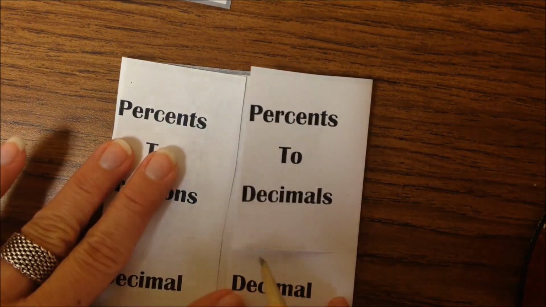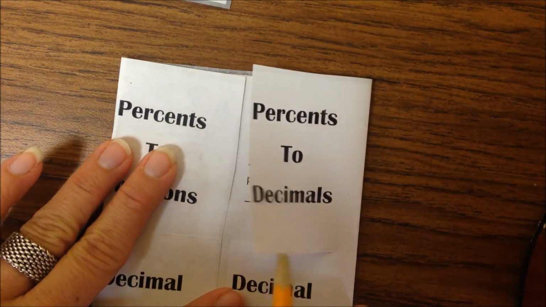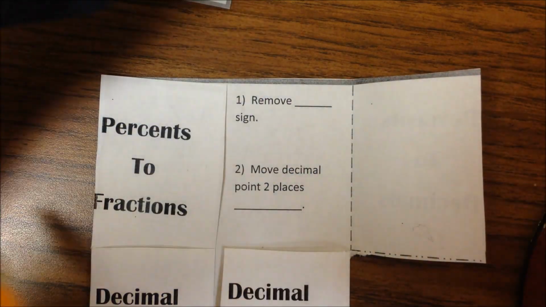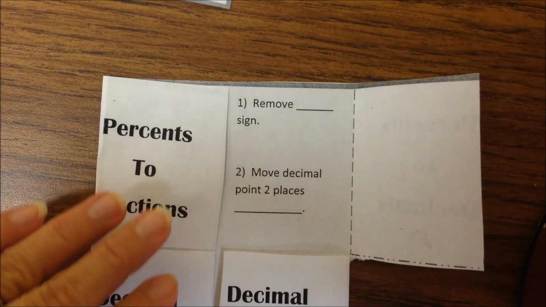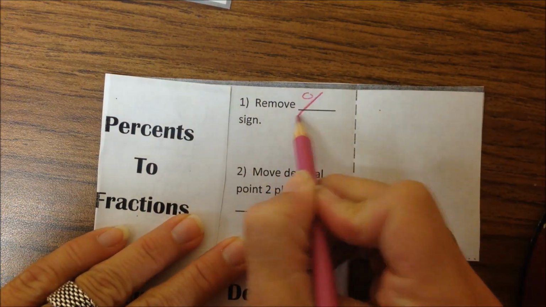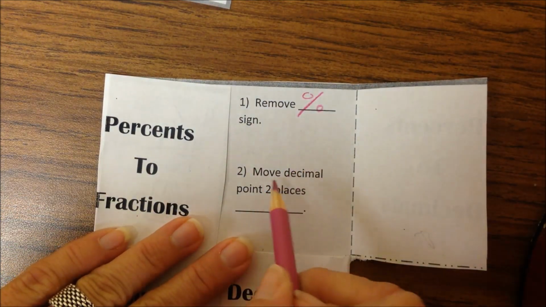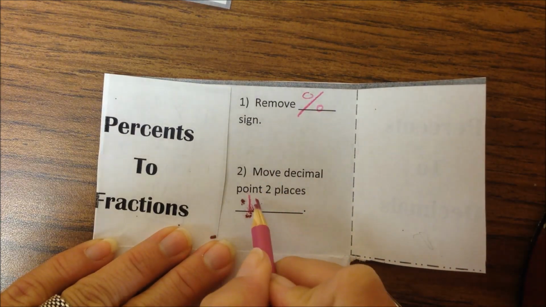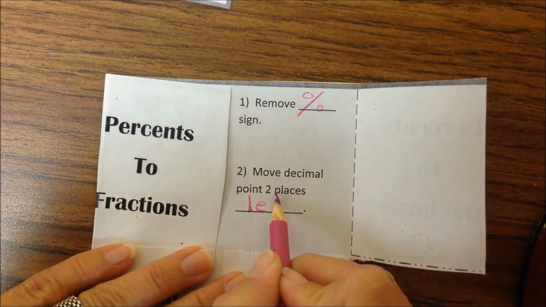All right, going back up to the right-hand side, we're going to change the percent to a decimal. So when we do this, we're going to remove the percent symbol, and then you're going to move the decimal point 2 places to the left.